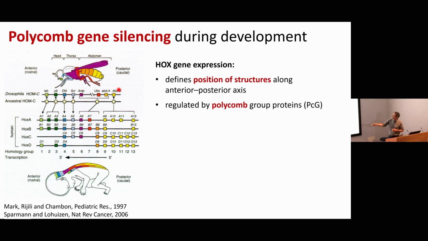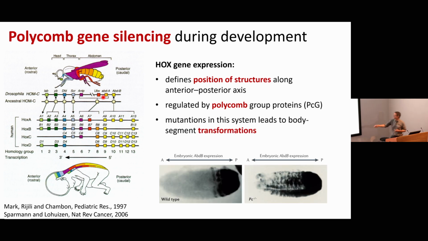And Polycomb repression controls which of those Hox genes are activated in which segment of the body. And if this Polycomb repression system fails, then you get segmental transformations where a gene that, for example, should only be expressed in one part of the embryo is now expressed throughout the whole embryo, and other effects like that. And that, of course, results in failure of development generally.